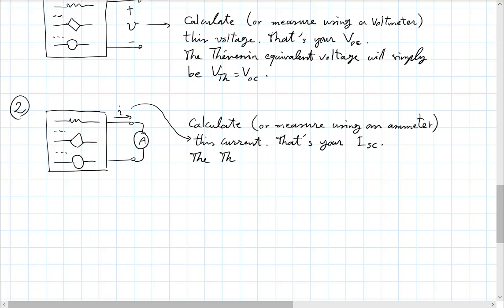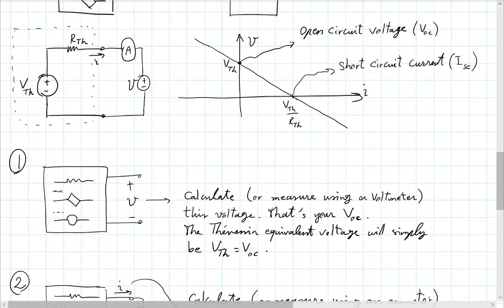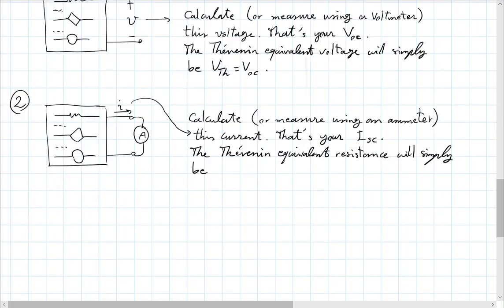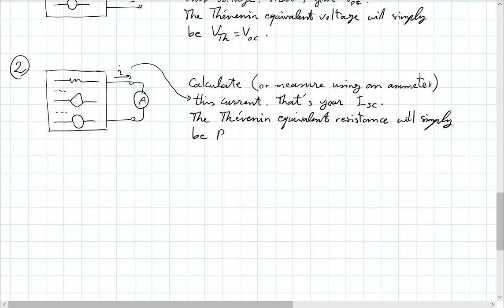The Thevenin resistance will simply be, look at that, VTH or VOC divided by RTH is ISC. So the Thevenin equivalent resistance is simply VTH or VOC by ISC.